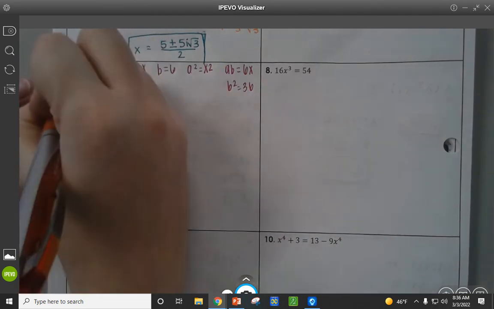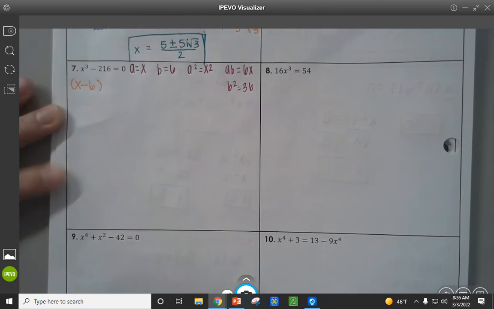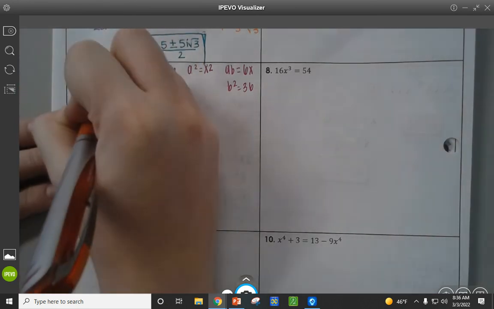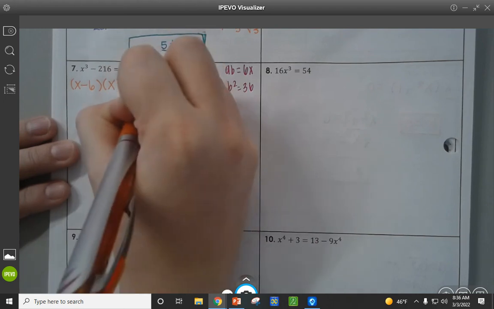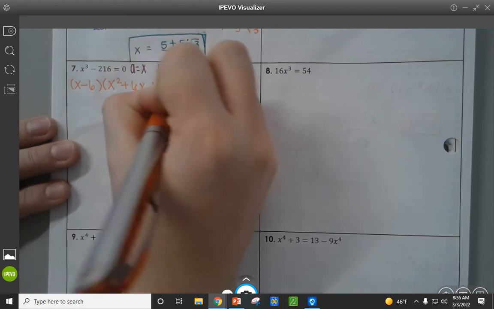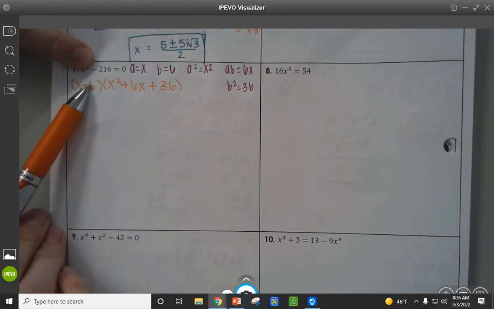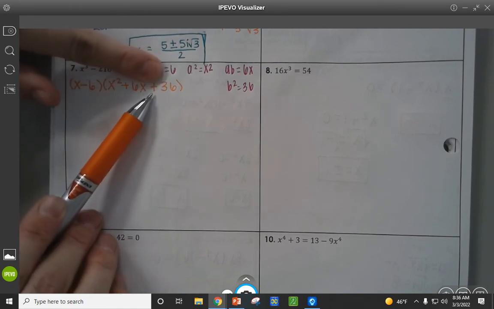And when I write my factors, we get x minus 6 and then it's x squared plus 6x plus 36. So remember, your first sign matches your problem, then it switches. The last sign is always plus.